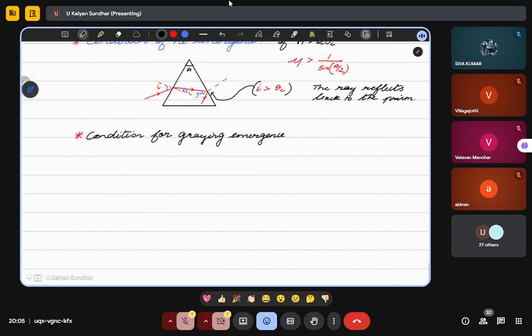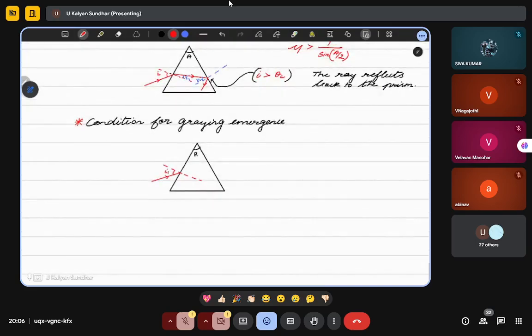இப்போ now comes your grazing case. Same angle of prism, the angle of incidence, அதோட normal, I1 incidence, refraction, and comes your grazing. So இந்த இடத்துல தான் your angle of emergence is equal to 90 degree.